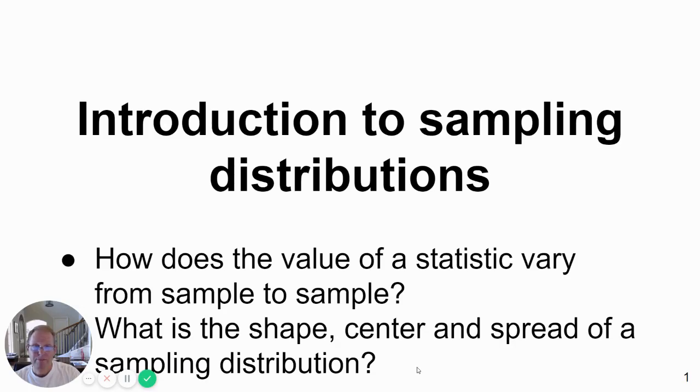Suppose that you take many samples from the same population, and for each sample, you calculate the statistic. And then you form a distribution of all of those statistics. In this unit, we're going to talk about the shape of that distribution of statistics, the spread, and the center.